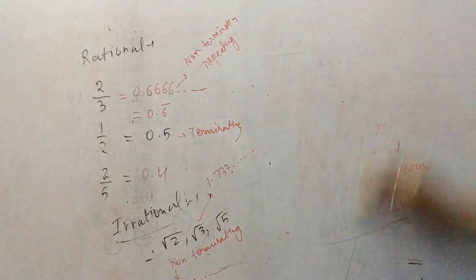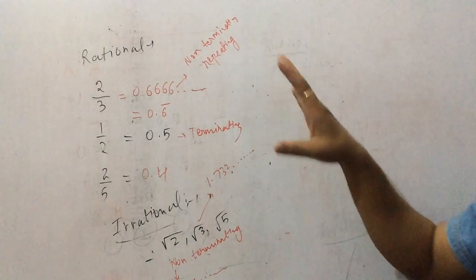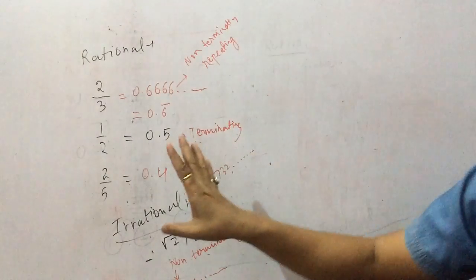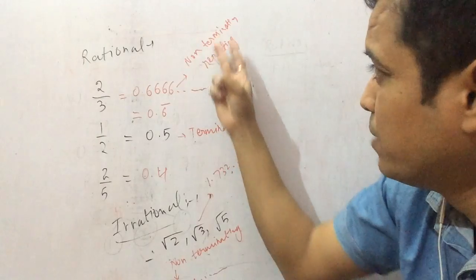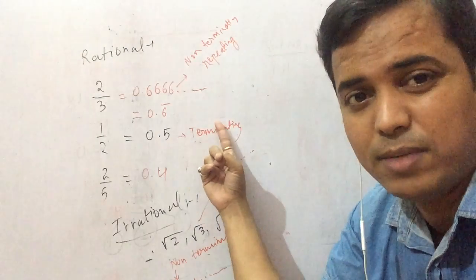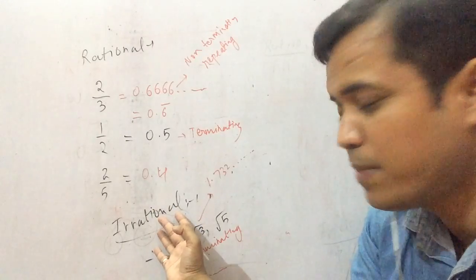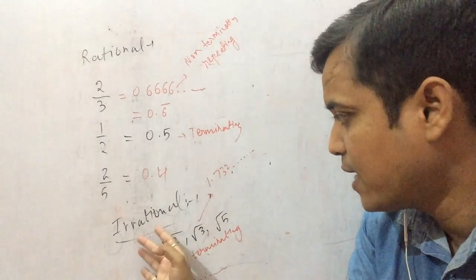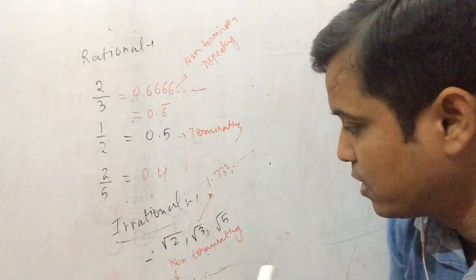So what have you understood? Rational numbers are numbers which can be written in the form of p by q, and their decimal expansion is always non-terminating repeating or terminating. And irrational numbers are numbers which cannot be written in the form of p by q, and their decimal expansion is always non-terminating, non-repeating.